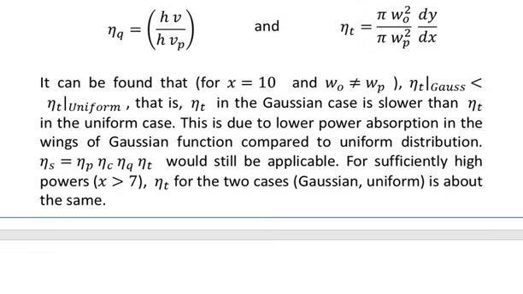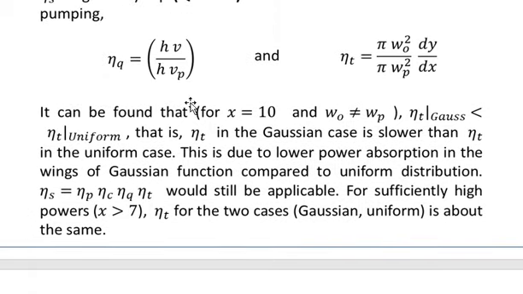Here you see that we want to make a little bit of comparison. It can be found that for x is equal to 10, so we are assuming a very large value, that is we are assuming for this value only stimulated emission is possible. That is, the decay will not be through spontaneous emission.